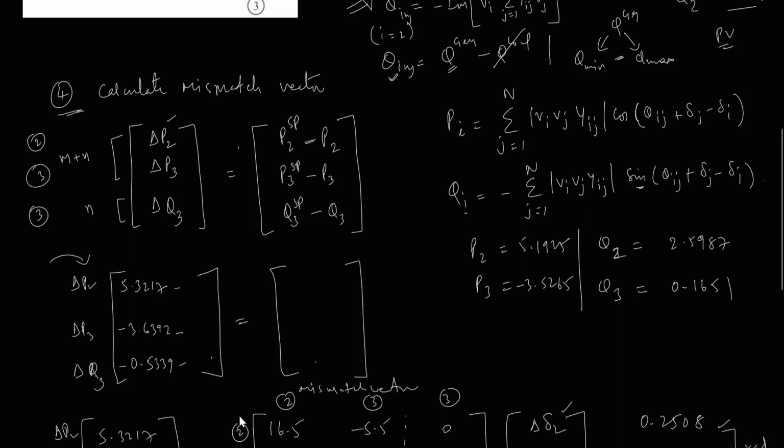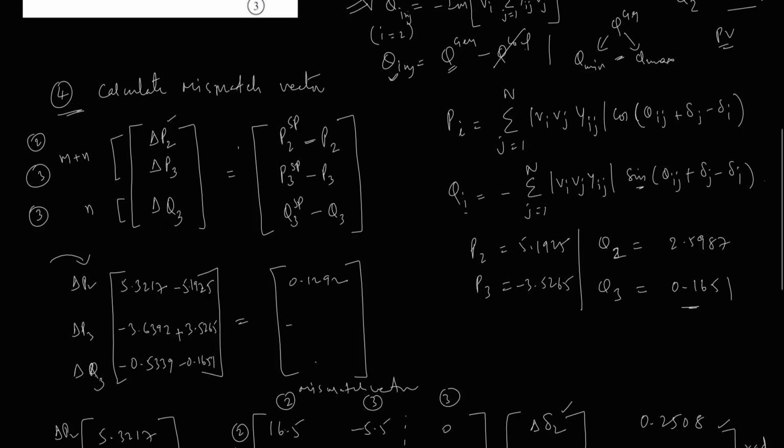So now use these values here. P2 is 5.1925, and P3 is minus of minus 3.5265, and Q3, this value is 0.1651. So can you tell me the, so this is 0.1292, and what about this one?